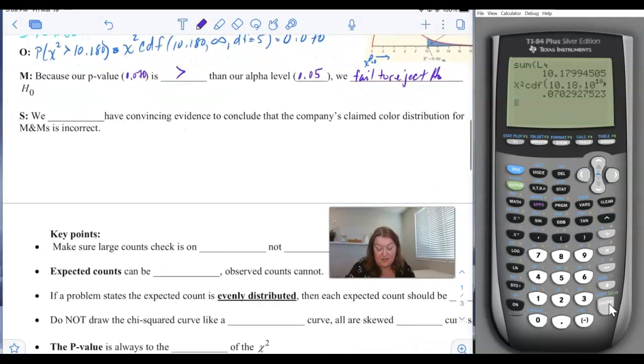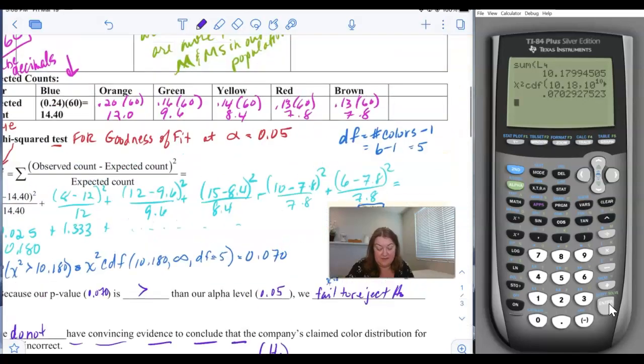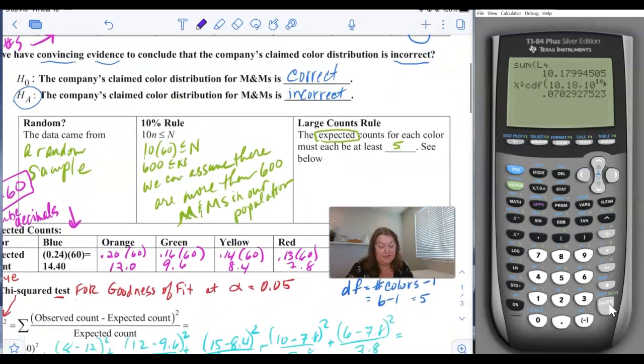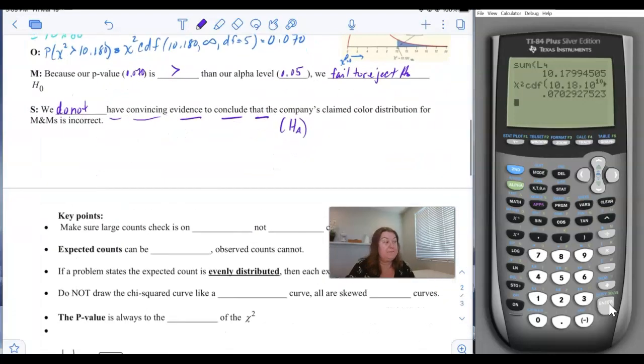That has not changed. So summary, if we're failing to reject, we do not have convincing evidence to conclude that whatever our alternative hypothesis was. So the company's claim color distribution for M&Ms is incorrect. So we don't have enough proof to say, hey, we think that their distribution is truly different.